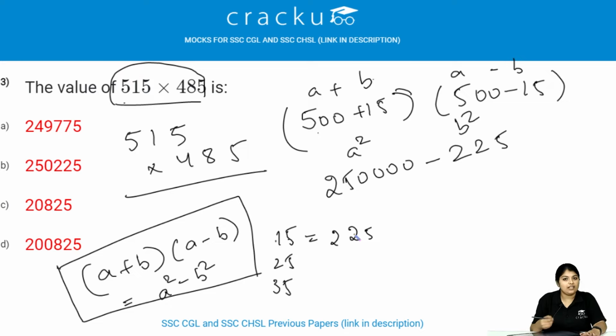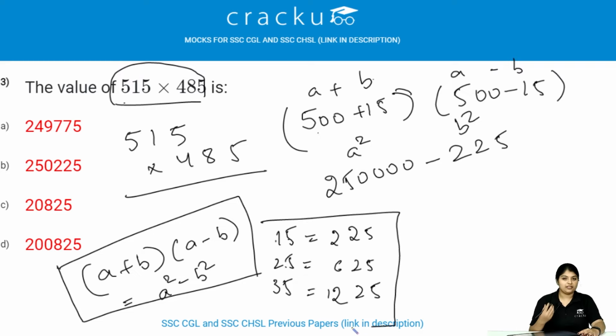Therefore 15 square is 225. The same goes for 25: 5 5s is 25, we write it at the end, and after 2 it is 3, 2 3s is 6, so 625. Similarly for 35, 5 5s is 25 and 3 into the next number 4, 3 into 4 is 12, so 1225. This is a small trick, please remember it.